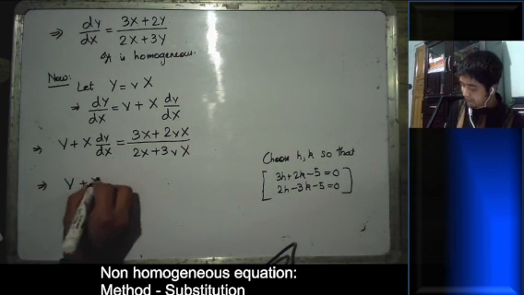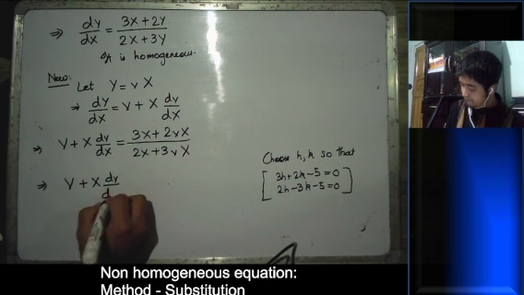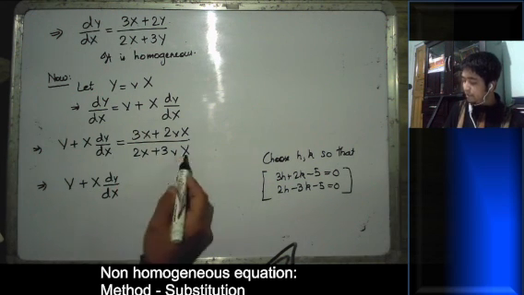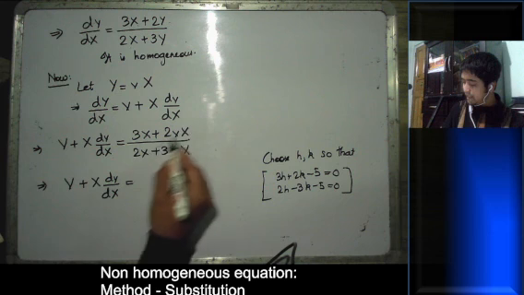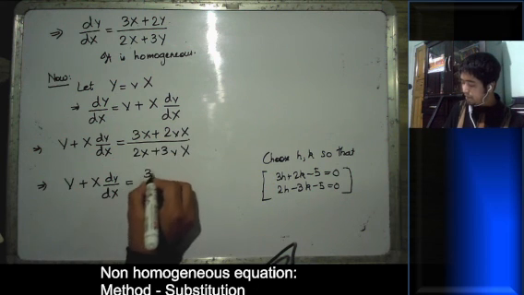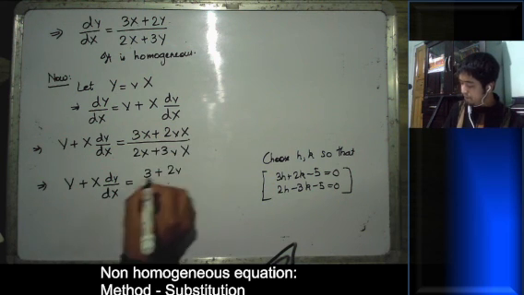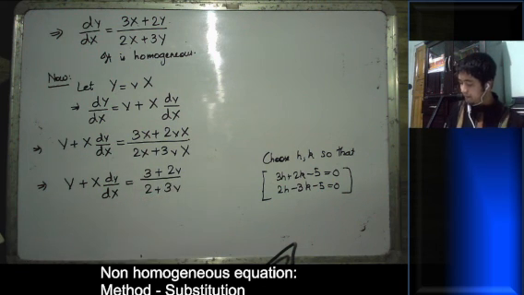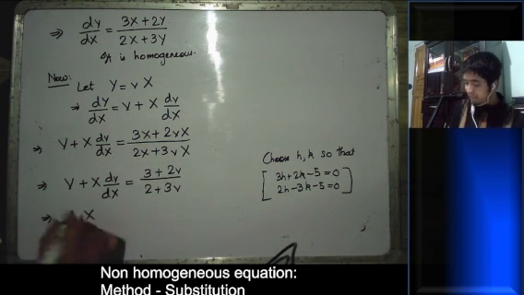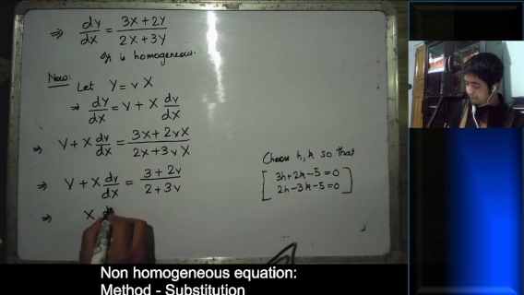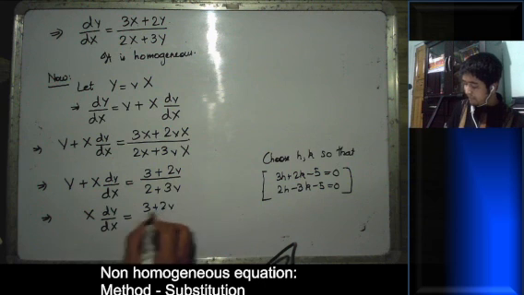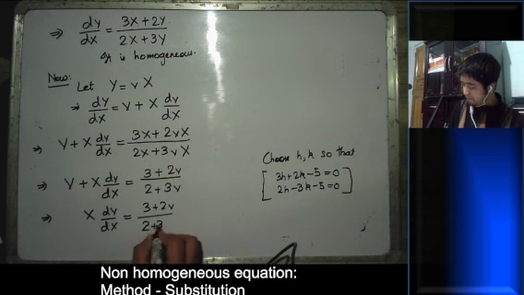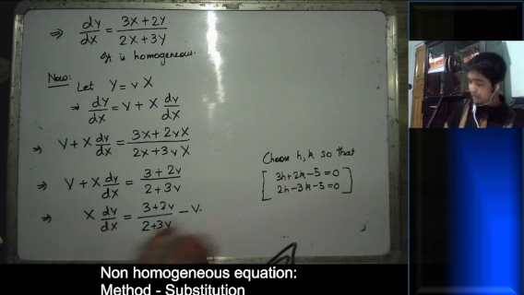Okay, let us simplify. X is present everywhere, so we can cancel X from everywhere. We'll be getting 3 plus 2v divided by 2 plus 3v. We will take v to that side, minus v.